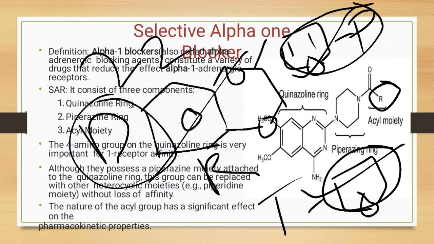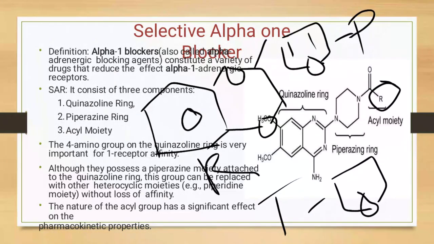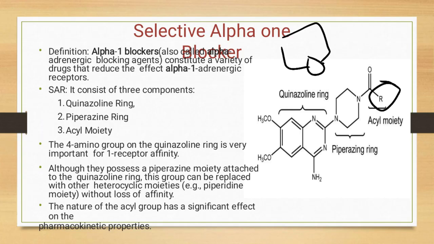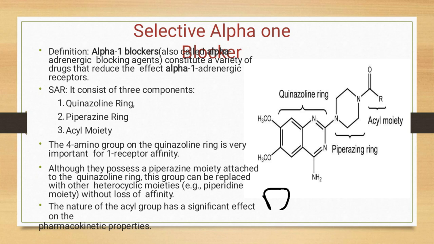So these changes in the structure are responsible for increasing their pharmacokinetic properties with respect to bioavailability, half-life, and duration of action. Doxazosin has the highest duration of activity compared to terazosin and prazosin. In duration of activity, doxazosin has more than terazosin, than prazosin.